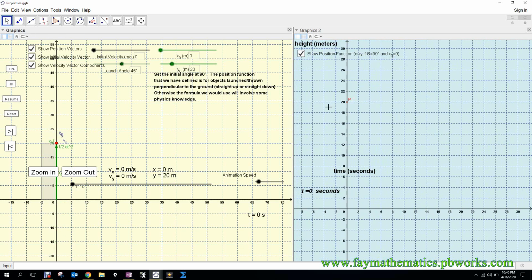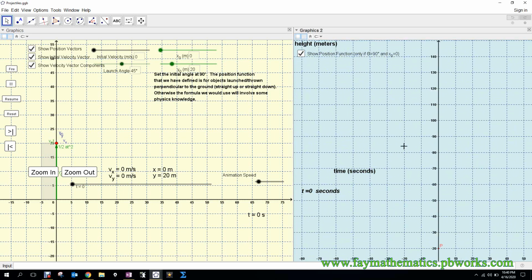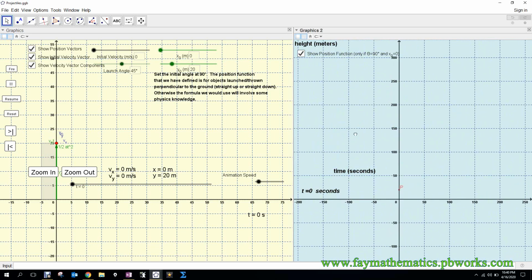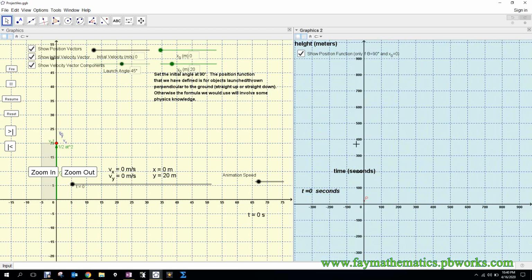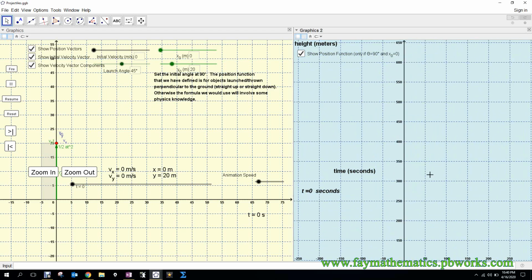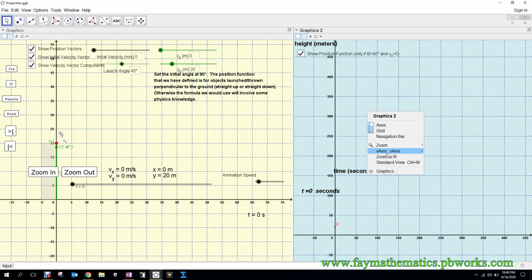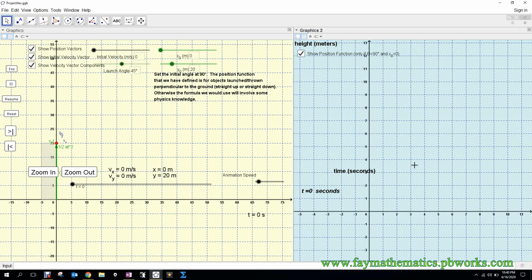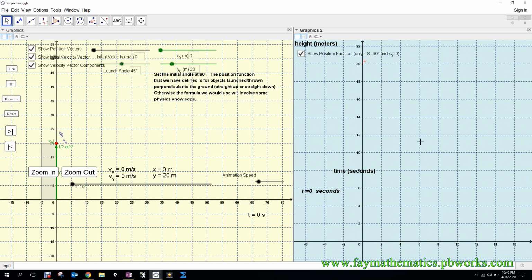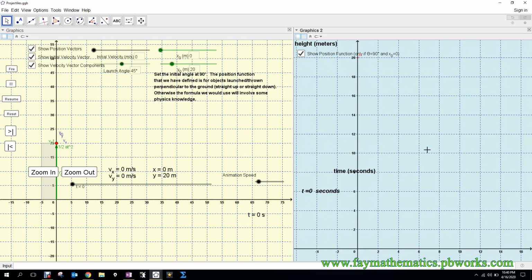But if we were to look at the rule that is being created here, we'll do it this way. If I type in here y equals negative 4.9 x squared plus 20, there's a parabola.